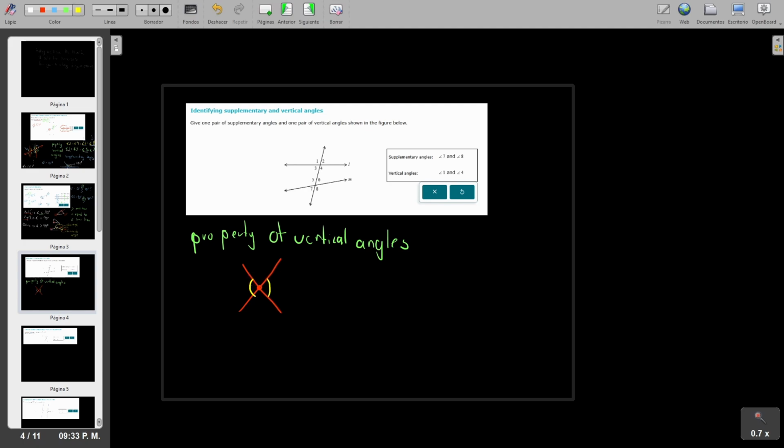For example, I'm going to be putting this one as angle number 1 and angle number 2. Following the property of vertical angles, angle number 1 is the same as angle number 2. That is the property of vertical angles, or opposite angles.